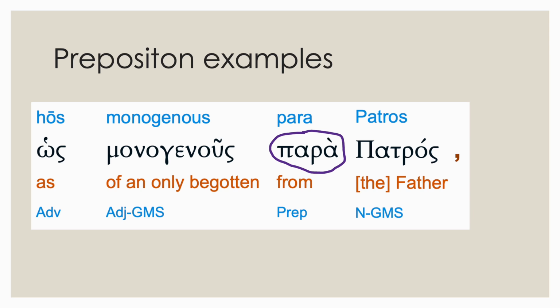Then para, from the Father, patros. And again, patros is also a third declension noun, and that's also gone into the genitive, so it's patros in this case. Hos monogenes, para patros, as an only begotten one from the Father.